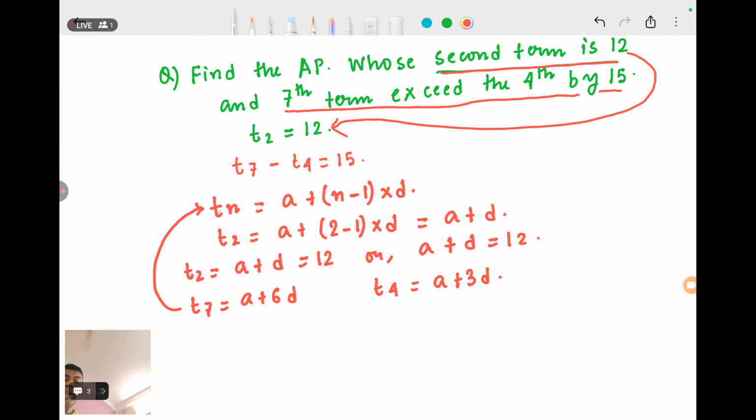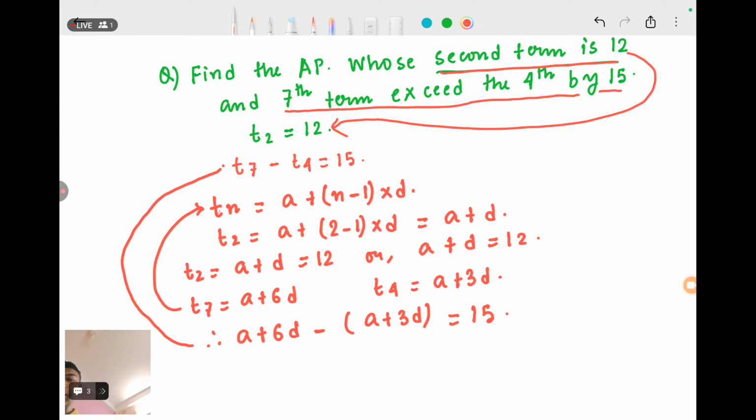Just by putting the value of n in the formula Tn, we are getting T7 and T4. Therefore, a plus 6d minus a plus 3d is equal to how much? 15. Since it is given that T7 minus T4 is equal to 15.